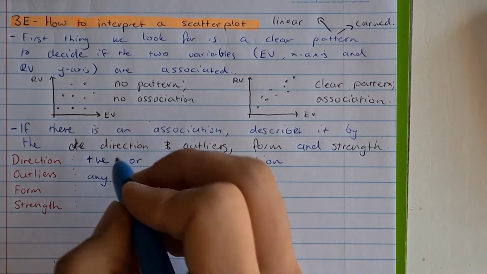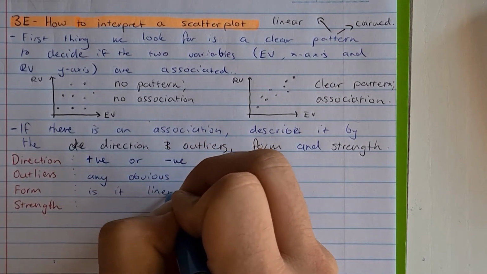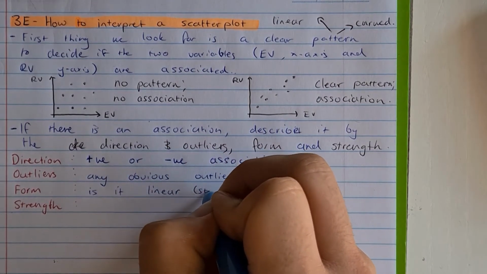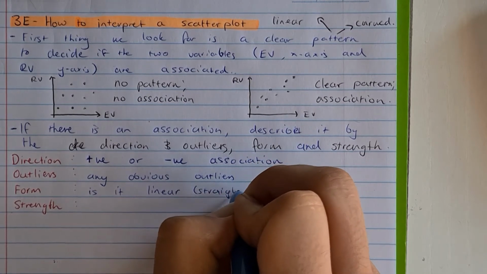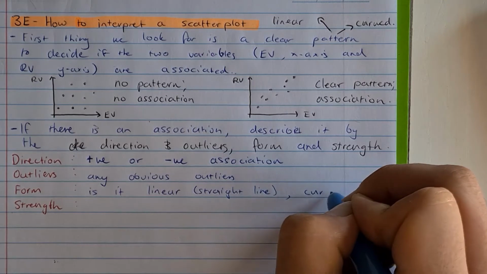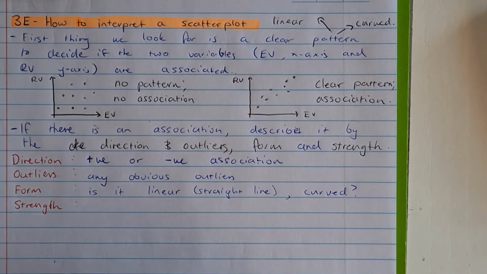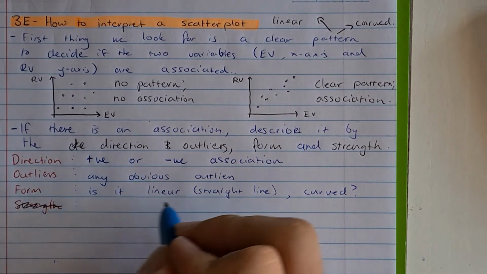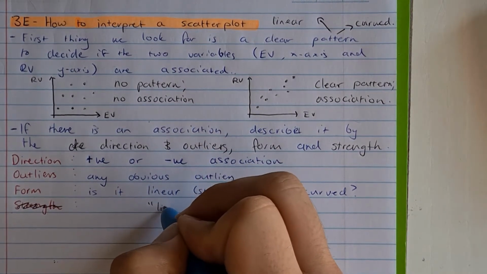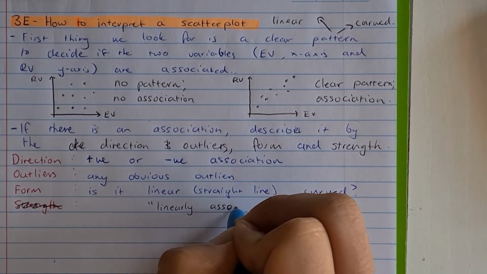Form is described whether it is linear, which is a straight line, or is it curved? If it is linear, we say it is linearly associated.